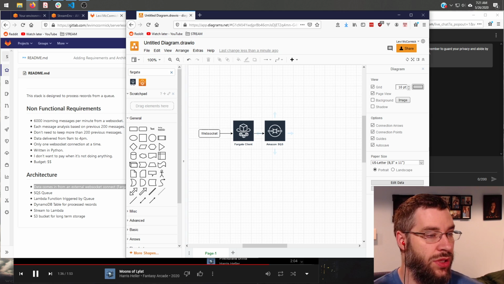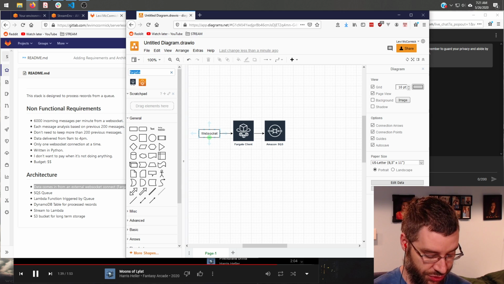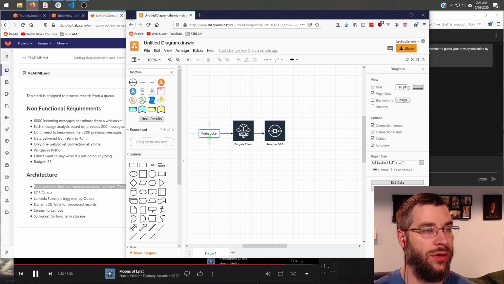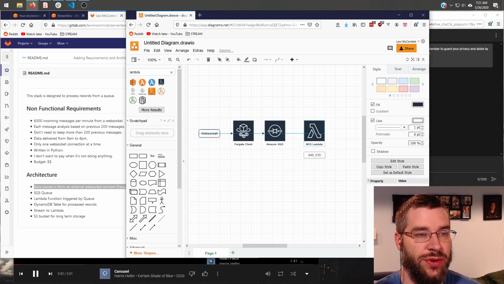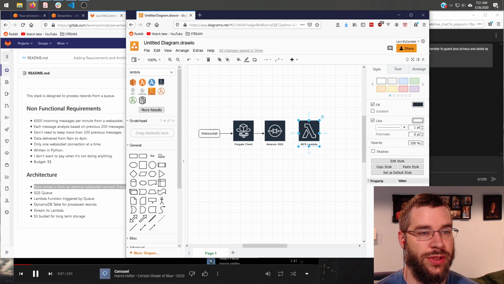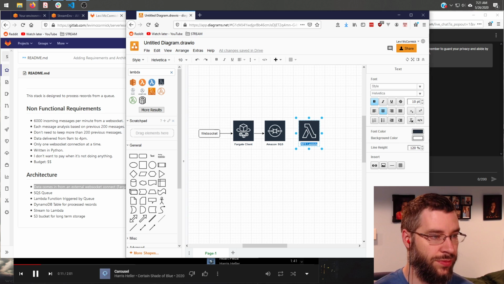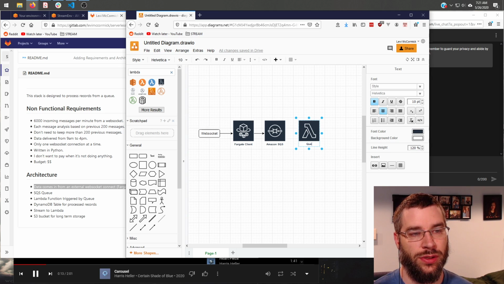So there we go. We have our queue, and then we're going to do a Lambda function. Set that blue. There we go. Why is that so much bigger than... Oh, it's not bigger. It's just the label. That's too small.